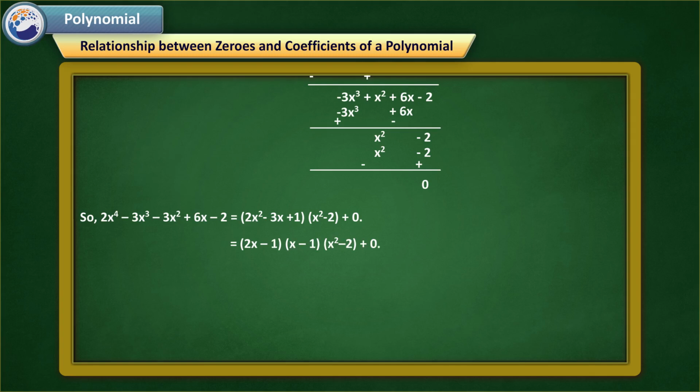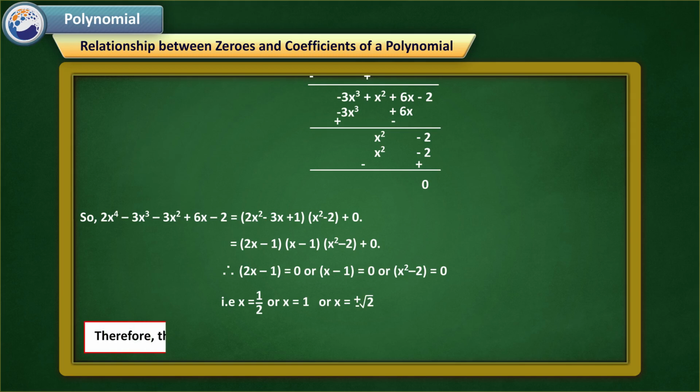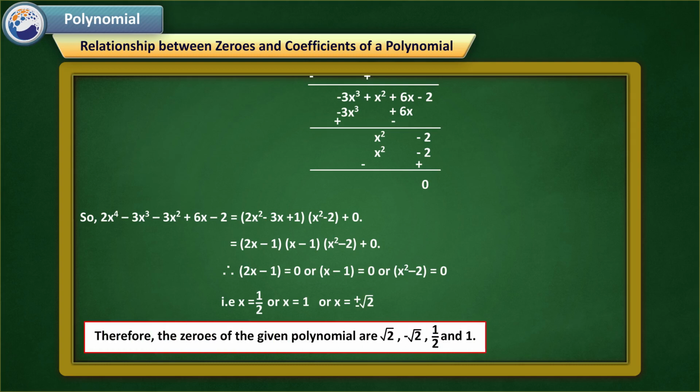Therefore, 2x minus 1 is equal to 0, or x minus 1 is equal to 0, or x squared minus 2 is equal to 0. That is, x is equal to 1 by 2, or x is equal to 1, or x is equal to plus or minus root 2. Therefore, the zeros of the given polynomial are root 2, minus root 2, 1 by 2 and 1.